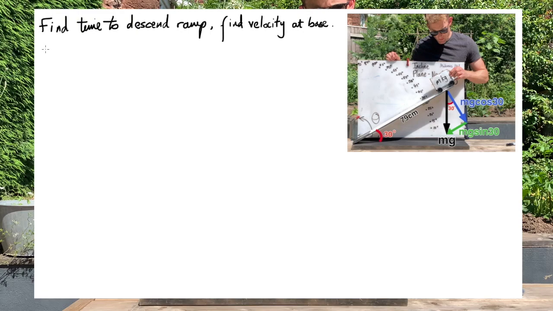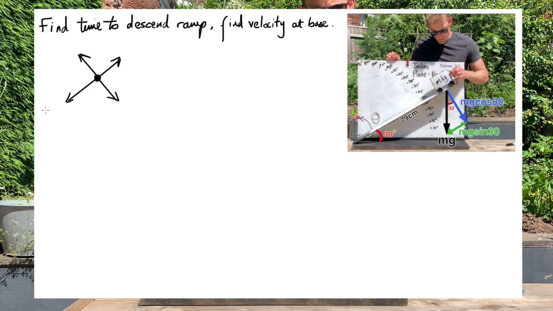Okay, so the first thing we'll do is draw our particle as a dot, and we'll think about the forces acting on it. So we have a force going down the slope, we have a force going perpendicular to the slope, a normal reaction force, and we'll draw on a force this way as well. Now this is the best way to tackle these questions.